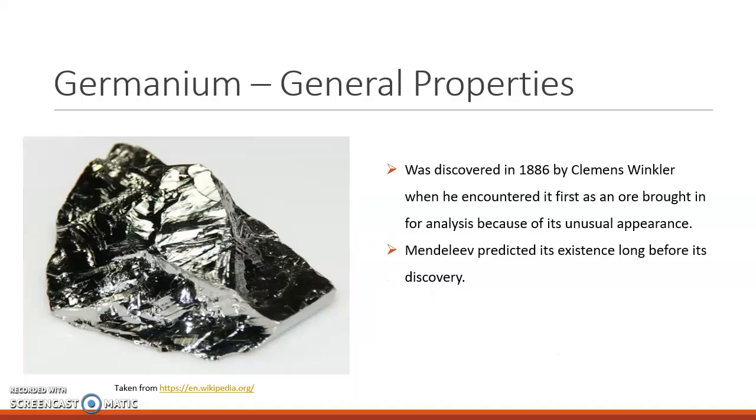Germanium was first discovered in the year 1886 by Clemens Winkler, though Mendeleev had quite accurately predicted its existence. Germanium was first encountered as an ore that was brought in for analysis due to its unusual appearance. As seen on the left, it is a grayish lustrous solid at standard room pressure and temperature.